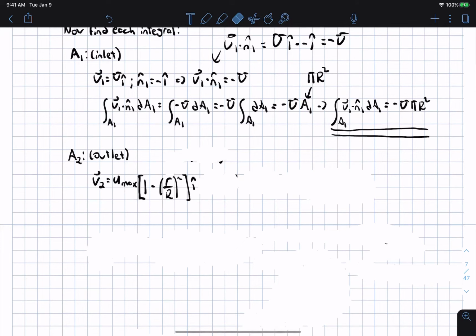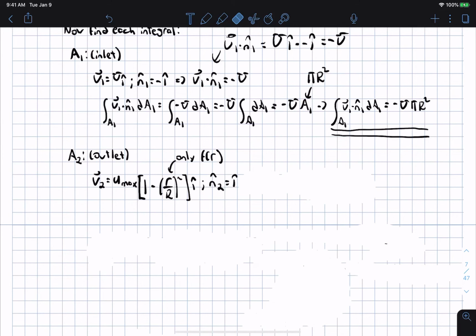So now we work with area 2. Well, we know that v2 is equal to our function over it. And it's somewhat nice in that it's a function only of the radius. There's no azimuthal or theta dependence. So that's nice, it's not super nasty.